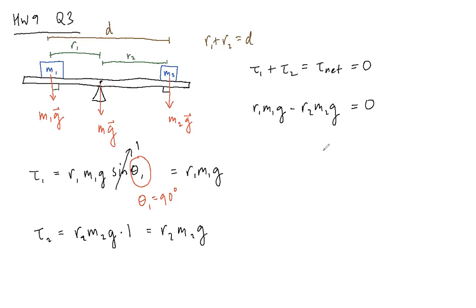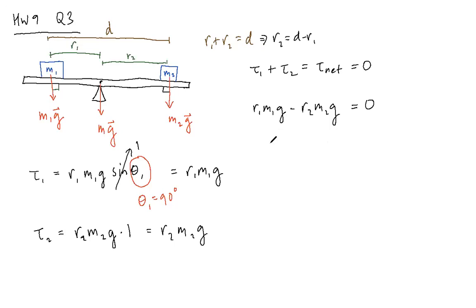And so now we can also use this. Here I can say that R2 equals D minus R1. All right, something like that.